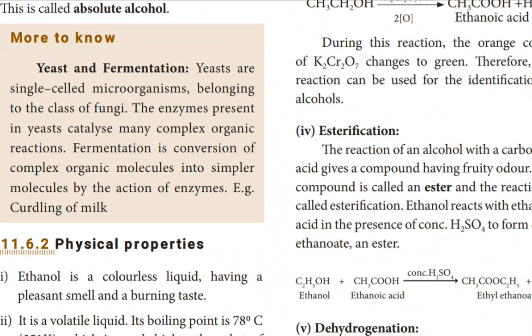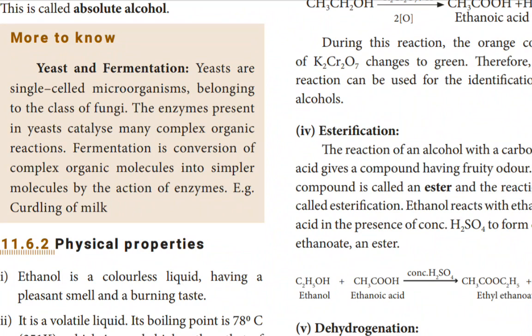The enzymes present in yeast catalyze many complex organic reactions. A catalyst is something which alters the rate of a chemical reaction. Here, the enzymes present in the yeast act as catalysts to convert complex sugar molasses into simpler alcohol.